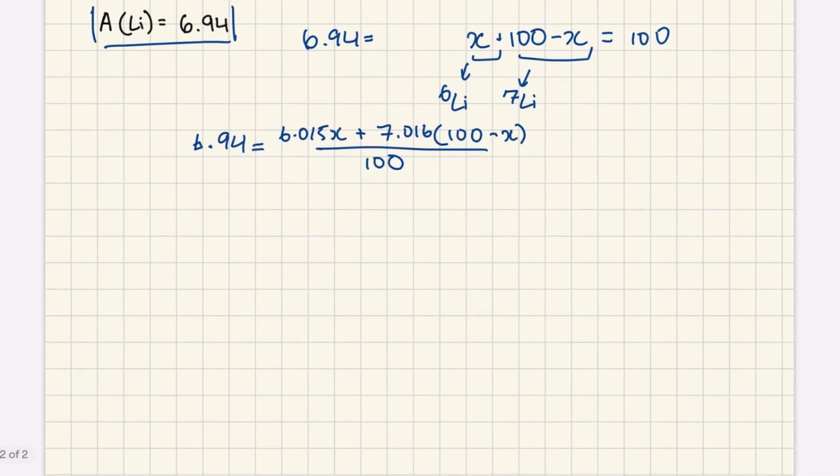Now we can simplify this to cancel out the 100 on the bottom, which is going to multiply the other side by 100, so you've got 694, and then you've got 6.015x plus 7.016 times 100 minus 7.016x, right?